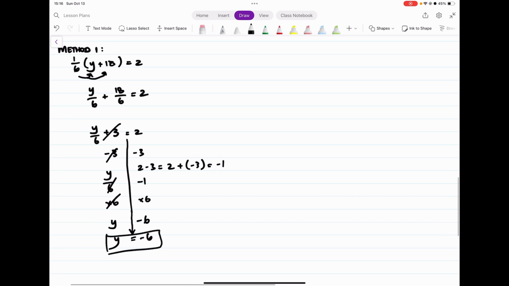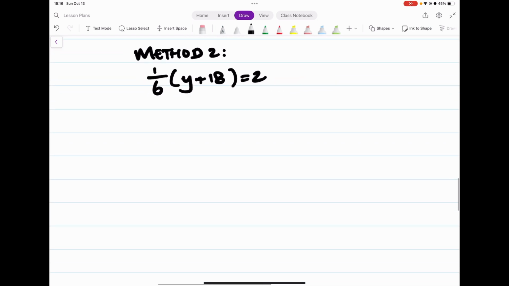Now, if you did method 2, or you'd like to see how I get the answer there, this one I just jump straight in. I start with the outside, which is the 1 over 6 multiplied.